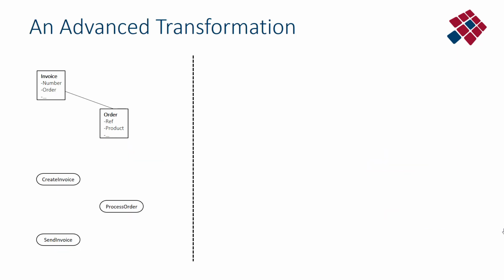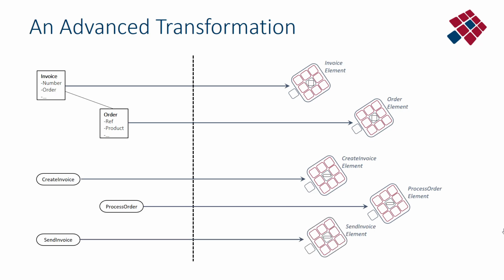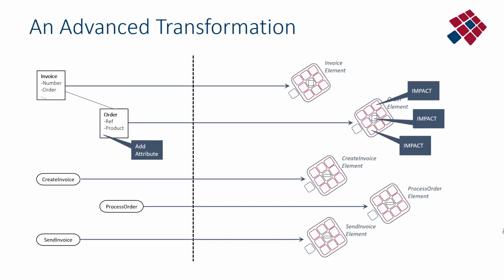Now, in this more advanced transformation, we transform every functional entity into a set of classes, properly encapsulated, taking care of the various cross-cutting concerns, and we transform them into a set of classes, data element set of classes for the data entities, task element set of classes for the task entities. And when we now apply changes, we might have to apply multiple changes to the software, but they would be confined to that element, encapsulated within that element, and the changes will not ripple through.